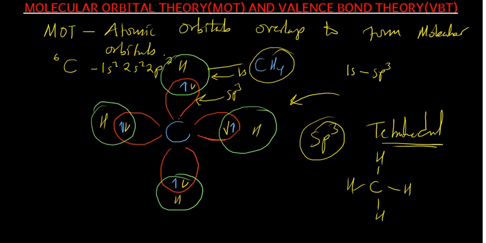This shape is called tetrahedral. That is why we say methane has a tetrahedral shape. So for sp3 hybridization, take note, the molecular geometry is tetrahedral.